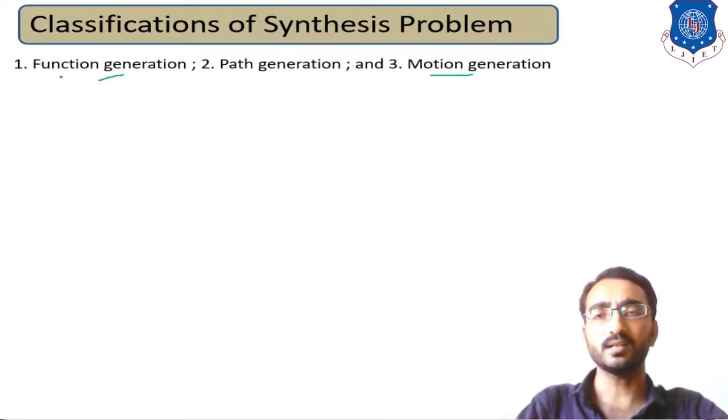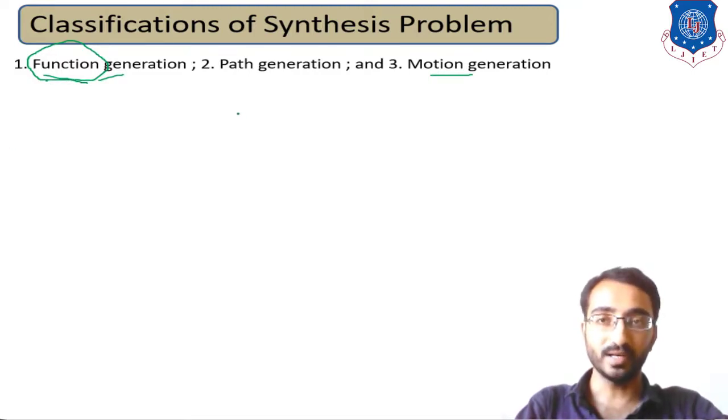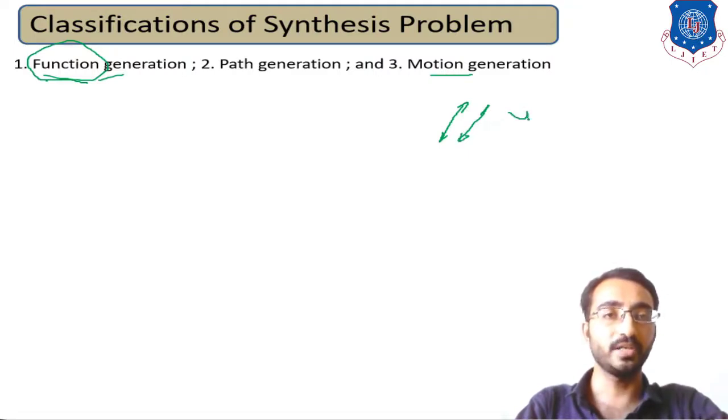Okay, now let's learn one by one. You are synthesizing, or designing, an object. So how are you deciding your output? Either by function generation. For example, I need reciprocating motion, or say I need the output motion as a linear motion. This linear motion can be expressed as y is equal to f of x, a function of x.